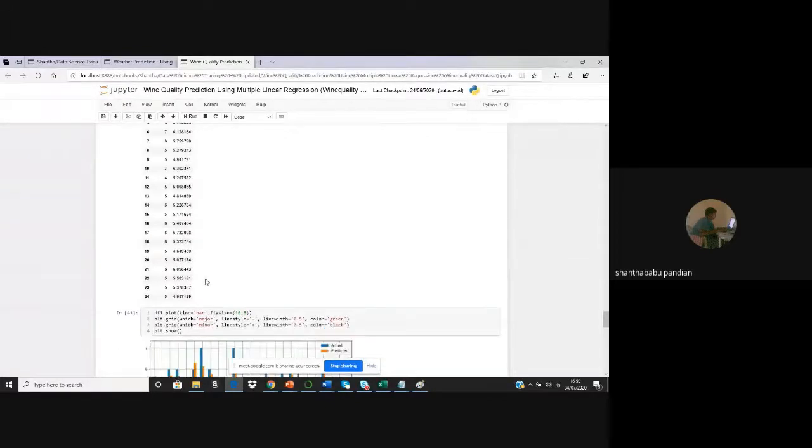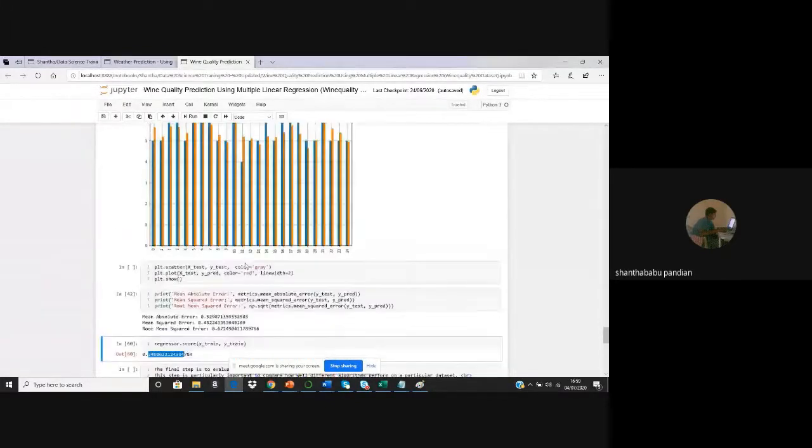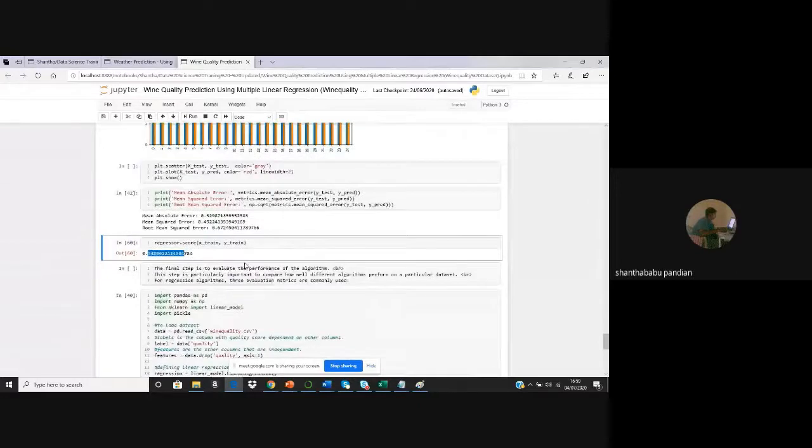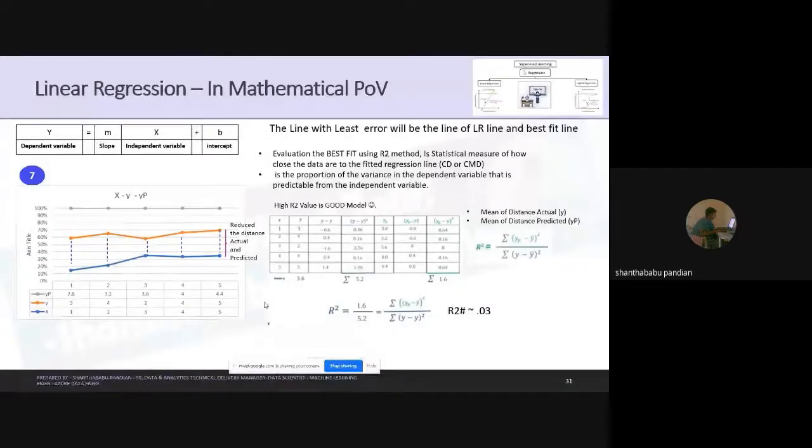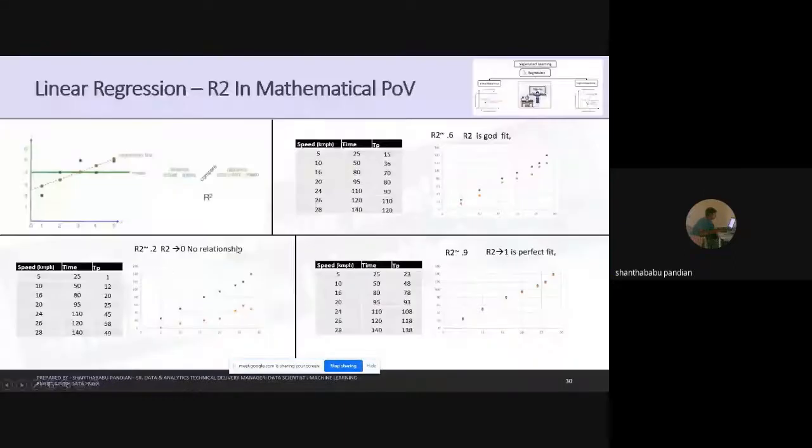That is the reason we are getting this percentage. It is a 34 percent score, and again, the performance of this system is really very poor. And here I have a root mean square error of 0.6. Based on my analysis and the given data points, 0.6 is a good fit.